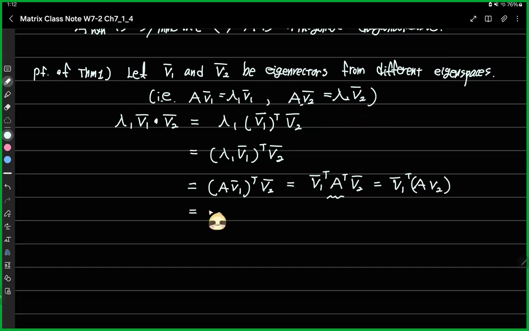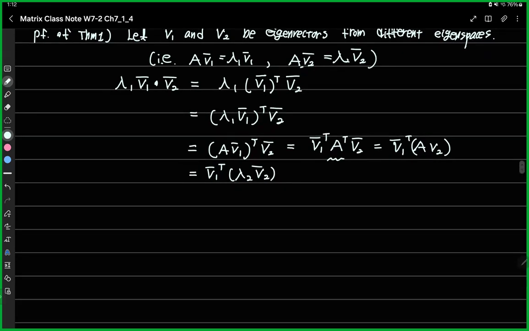So this is V1 transpose, lambda 2, V2. So this is equal to lambda 2 and then V1 transpose V2, that's a dot product, V1 dot V2, right?